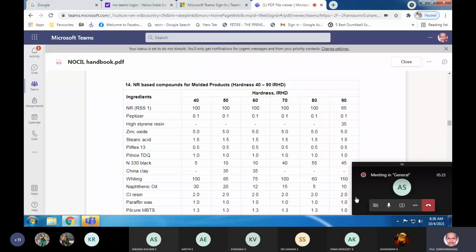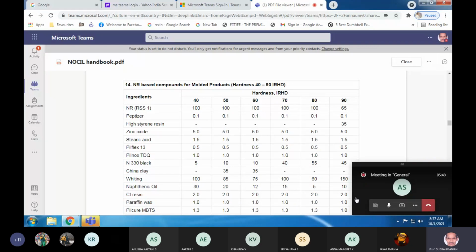Right. So that way, NR being the first candidate in the general purpose rubber, you have 6 compounding recipes. So the hardness difference is 5 units.